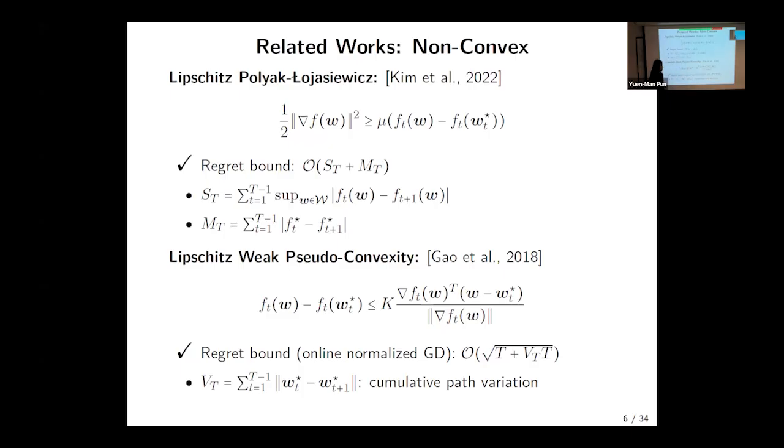The motivation of their work is to apply it to the generalized linear model with logistic activation function. But as you'll see, using the notion of quasar convexity and also smoothness, we can actually improve the regret bound when applying to the logistic generalized linear model.